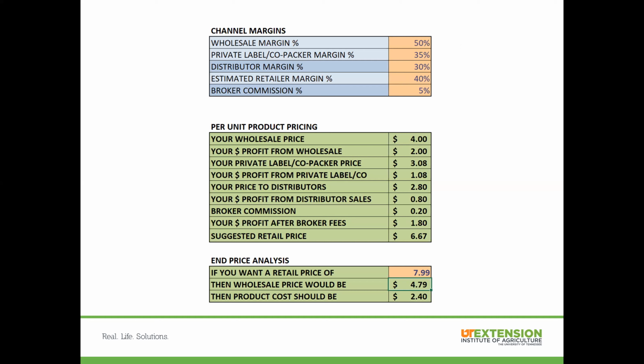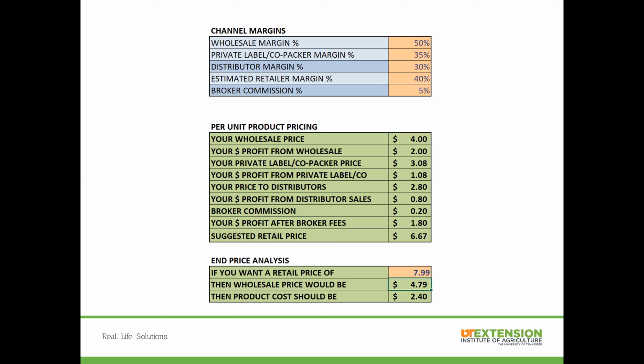Then if they buy it for $5, and if they want a 50% retailer margin, they want 50% of the price they're going to charge, and they'd have to charge $10 to get the 50% retailer margin if they're calculating the margin the way that we've described.